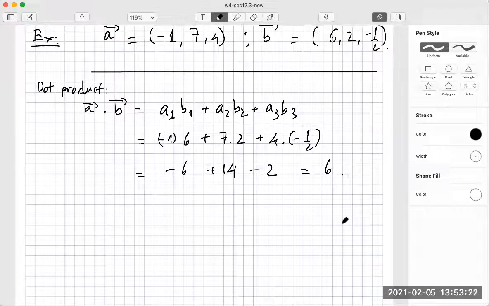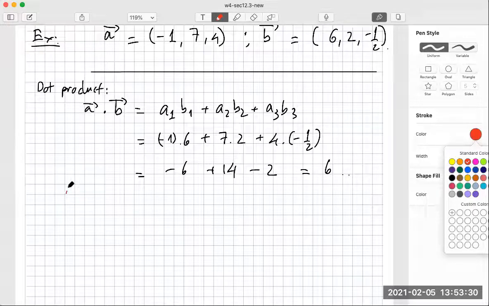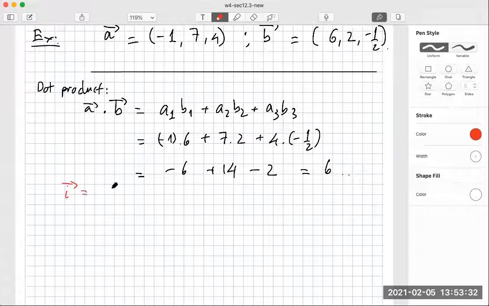Then we can write it differently, right? If you remember, i, j, and k are unit vectors. What is i? The vector i is the unit vector in the OX axis, right?